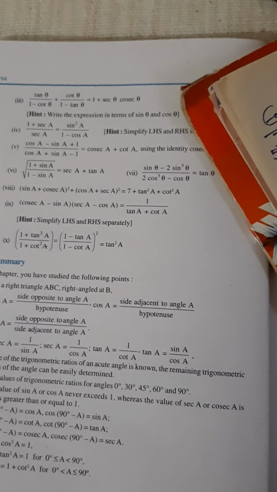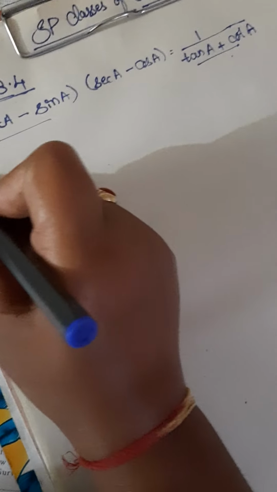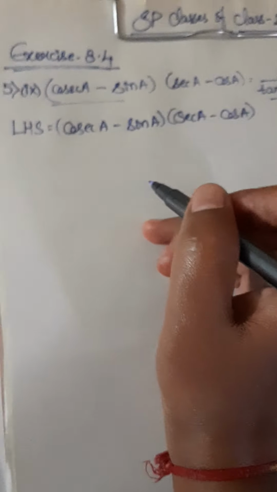Like this type of question, we have already seen in our fourth question also. We already did the LHS separately and the RHS separately. So here also we have to do the same thing. So LHS is equal to cosecant A minus sin A and secant A minus cos A. How can we solve this one?